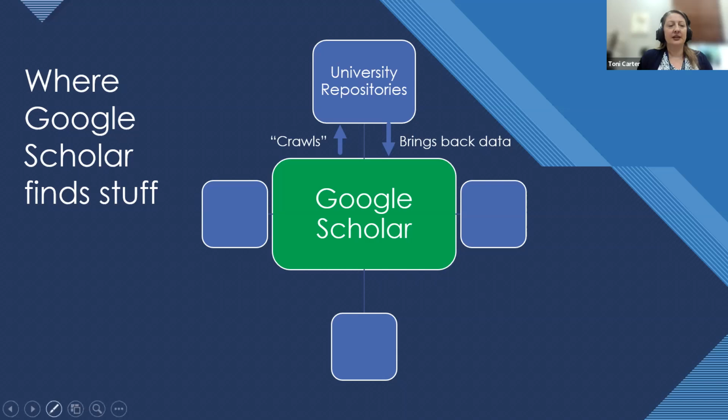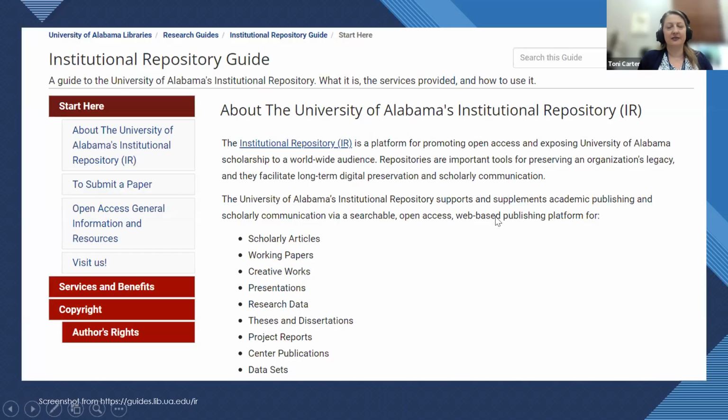And just to give you an example, like I said, most big universities have them. This is the University of Alabama's, and they allow faculty and all those doing research to upload any of these things they want to upload, and then anyone in the world can search for them.